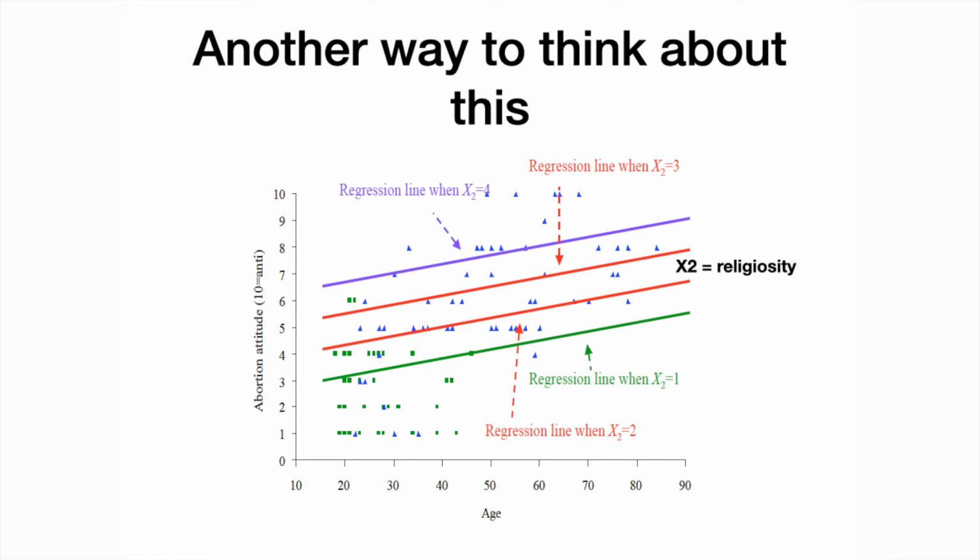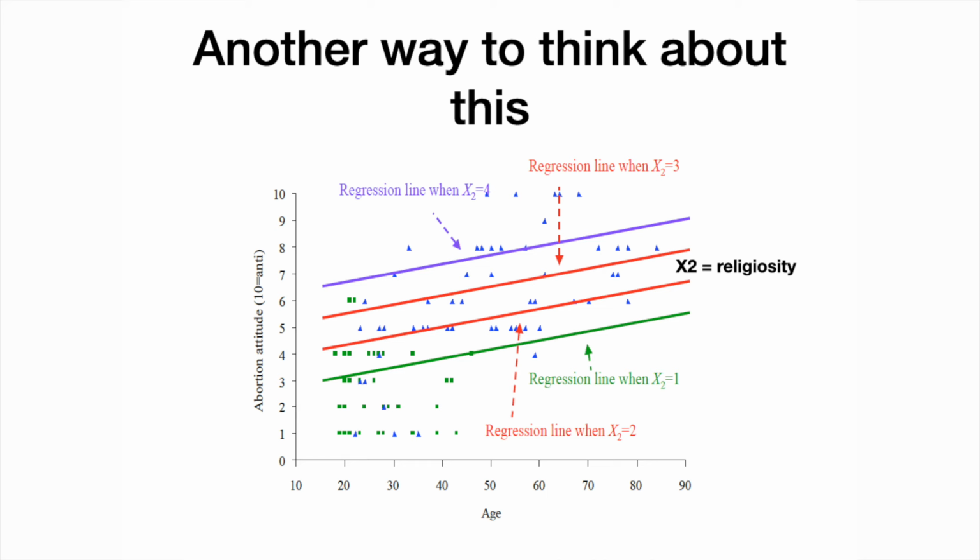You can still see the effective age, but where the level changes depends on how religious somebody is. When folks are not religious, that's the green line, right? Then you've got the two red lines where they're more religious, and then the one where you've got the most religious folks. That's X2 equals 4, religiosity in this case.